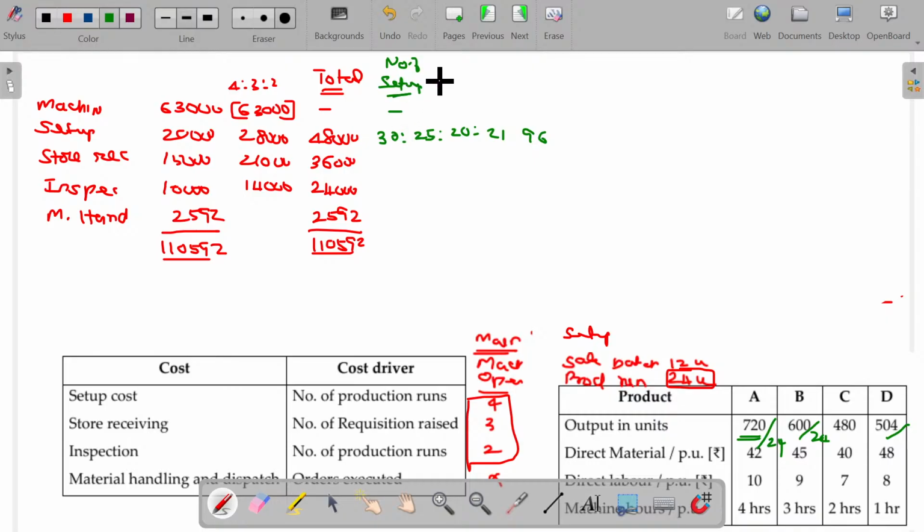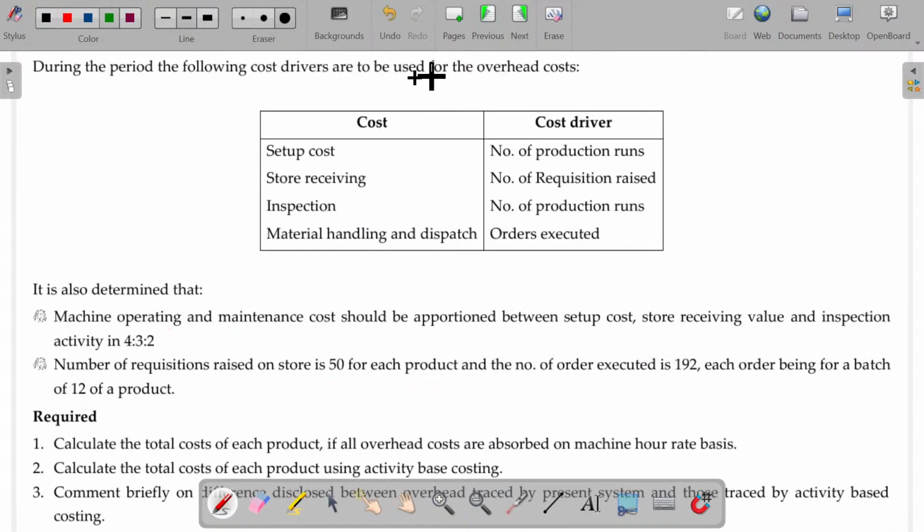And stores receiving. This is for A, B, C, D and total. I put the values here. Stores receiving: number of requisitions raised, given here. The number of requisitions raised on stores is 50 for each product.